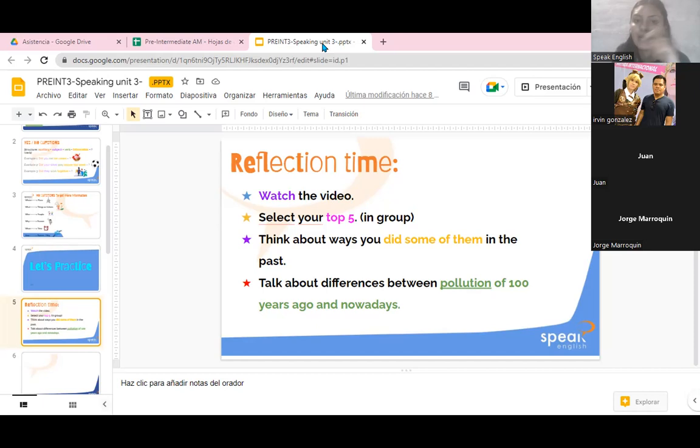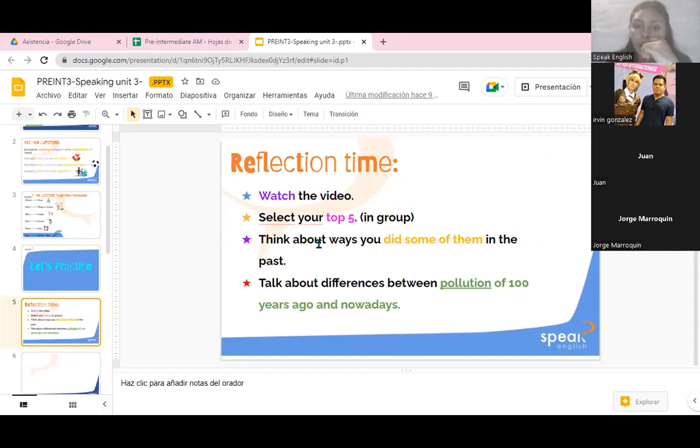Your top 5. It's in groups, but you know, we are a few, so we are going to work in pairs. You have to create your top 5 because there are 10 ways to take care of the environment.